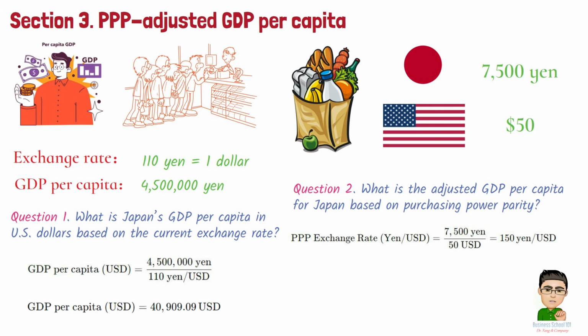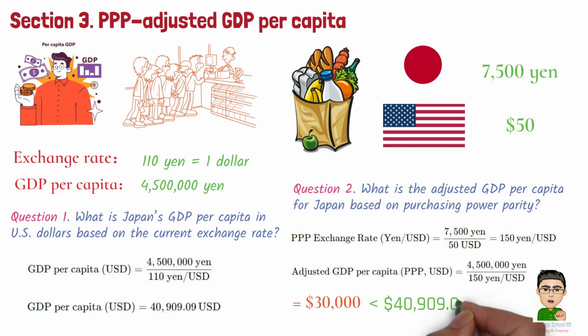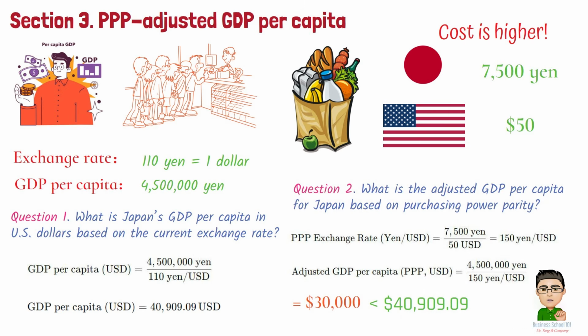Then, divide Japan's GDP per capita by the PPP exchange rate to adjust Japan's GDP per capita. So, the adjusted GDP per capita for Japan based on purchasing power parity is $30,000. Because Japan's adjusted GDP per capita is lower than its nominal GDP per capita, the cost of goods and services in Japan is relatively high compared to the US.